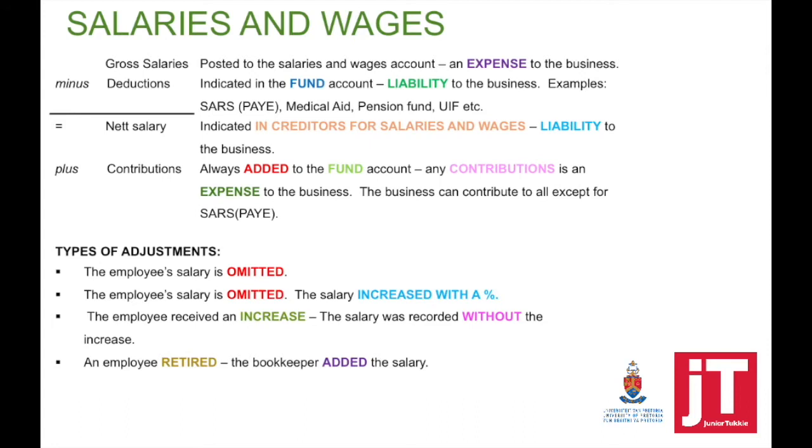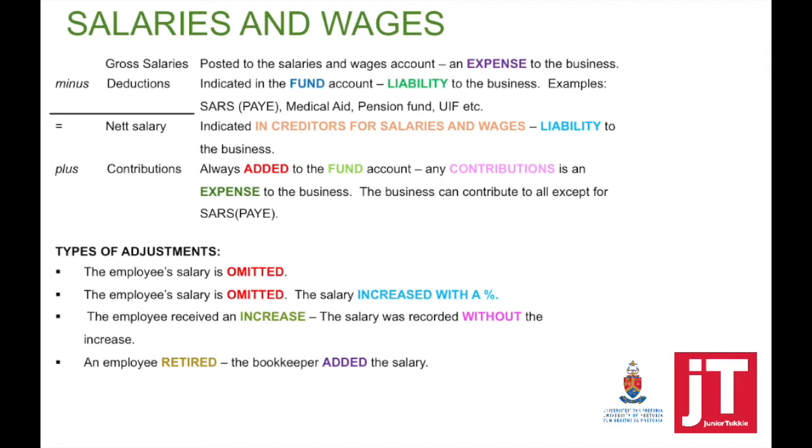Now, just to go back to basics, if we look at the gross salary, this must always be posted to the salaries and wages account, which is an expense to the business, minus any deductions. Any deductions must go to that specific fund account, which is regarded as a liability.